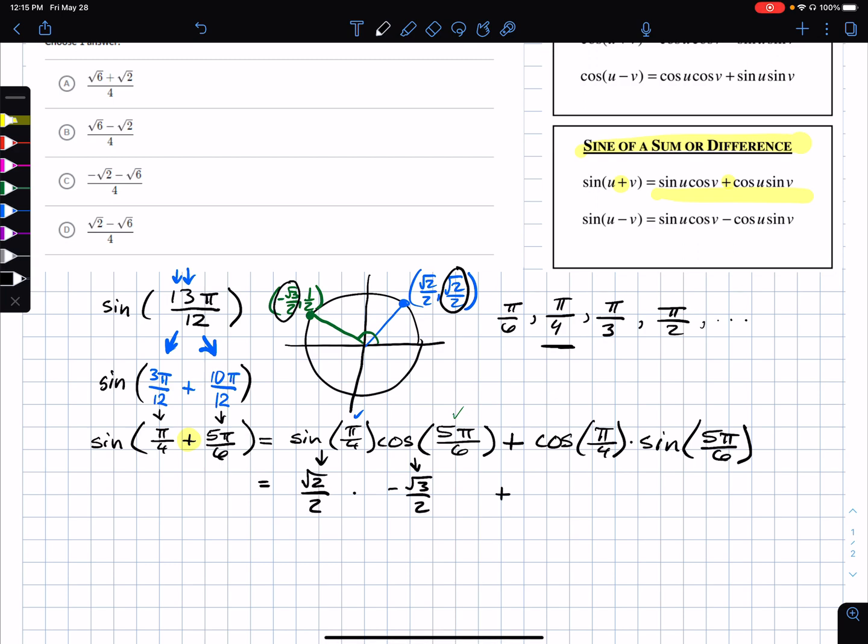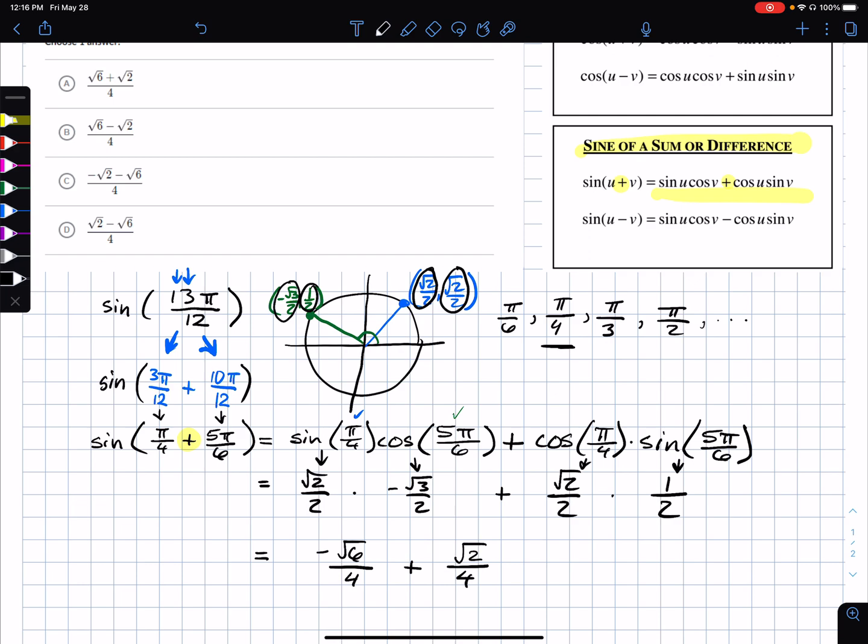Plus, now we go to cosine of pi fourths, so that's the x value at pi fourths, root 2 over 2. And sine of 5 pi 6 will be the y value. All right, so as we complete the arithmetic here, we end up with negative root 6 over 4, plus root 2 over 4.